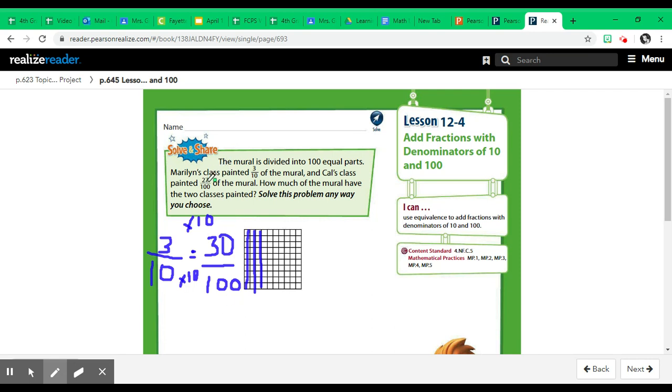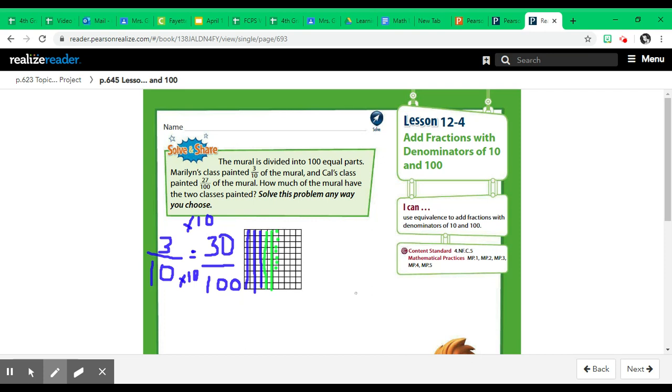So now I'm going to shade in how much Cal's class had. So he has 27. Now, instead of counting out 27, I know that one column is 10, so I'm going to say 10, 20, and then 1, 2, 3, 4, 5, 6, 7. Okay, so I know that that is 27 hundredths.